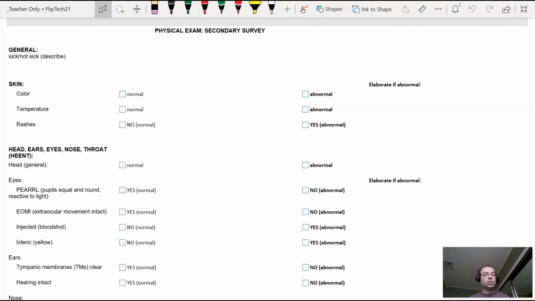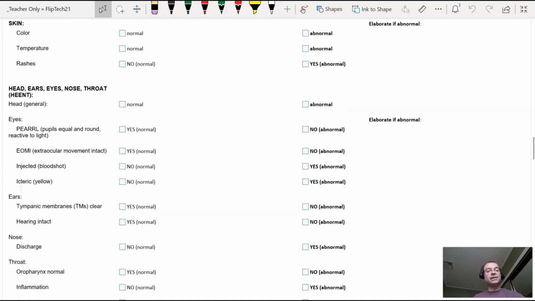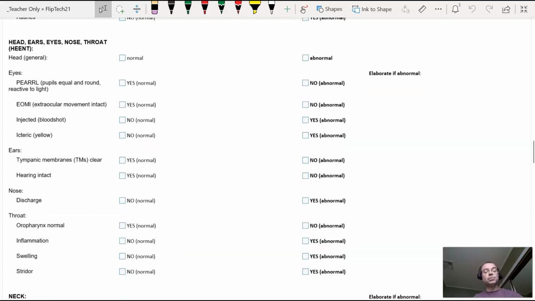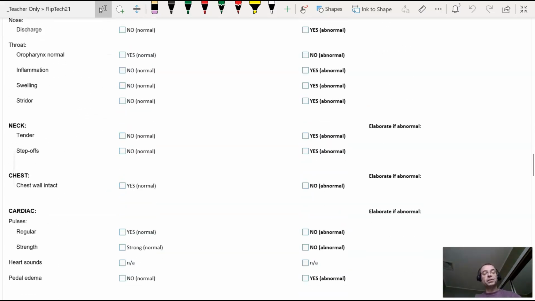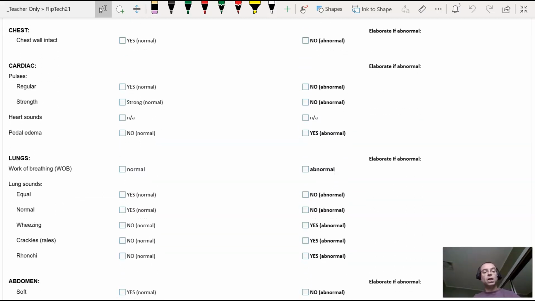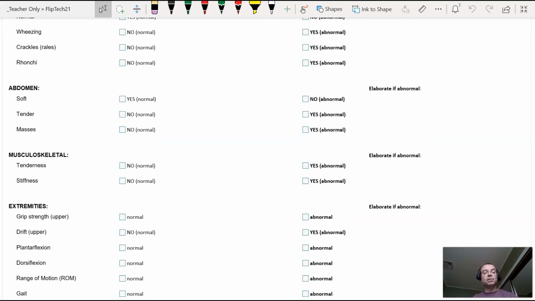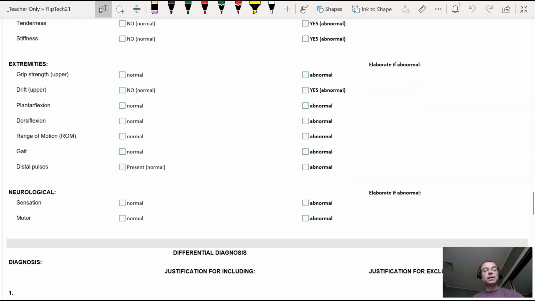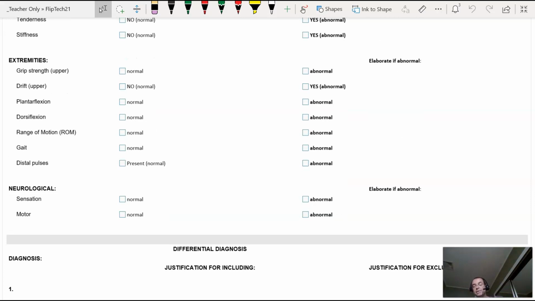Examine the skin for color, temperature, rashes, head, ears, eyes, nose, throat, pupils, neck, chest, cardiac, lungs, abdomen, musculoskeletal, extremities.